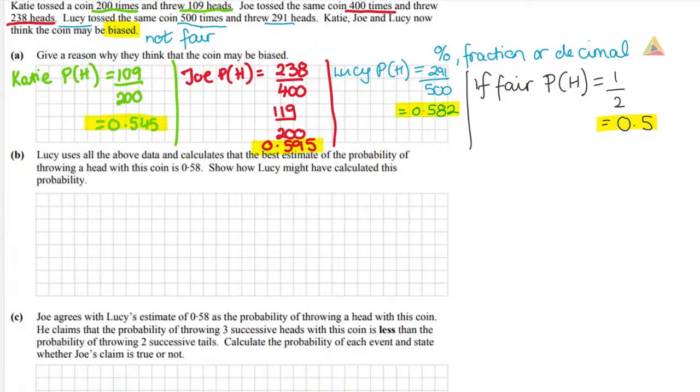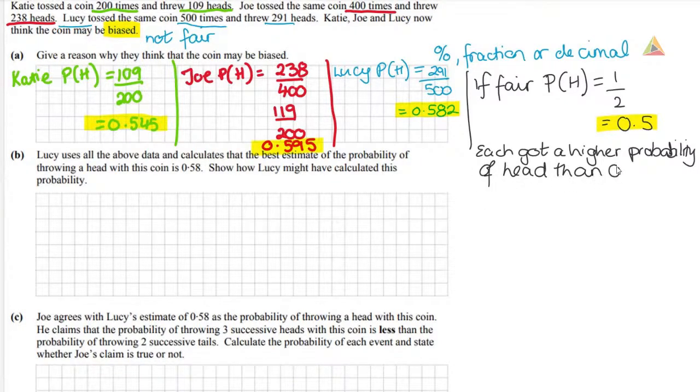So why they think the coin may be biased is that each got a higher probability of a head than 0.5, which is expected.